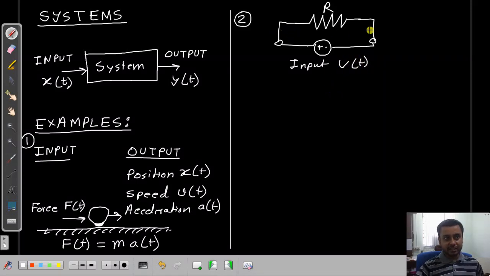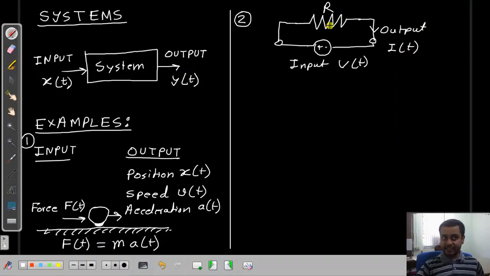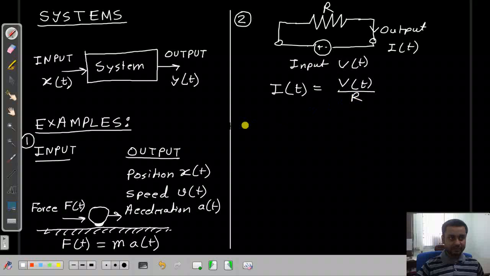As a result, we shall get some current, and that we can call the output i of t. So this resistance is a system, and the relation between the input and output is very simple. i of t is equal to v of t, the input, divided by a constant resistance R.